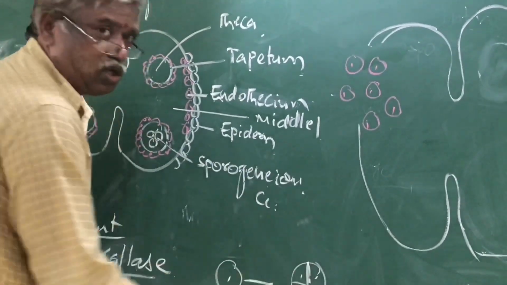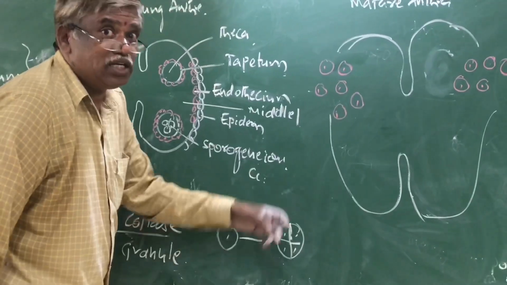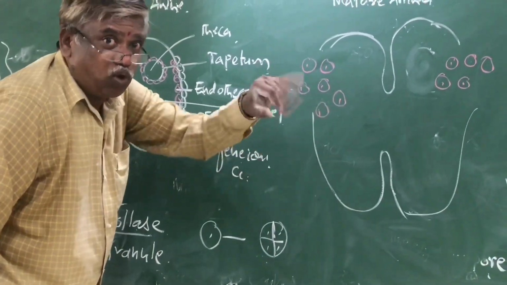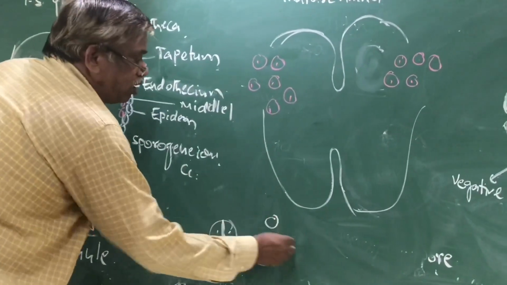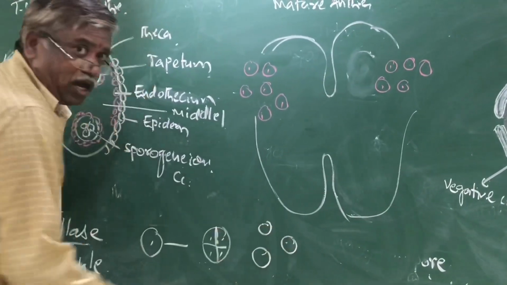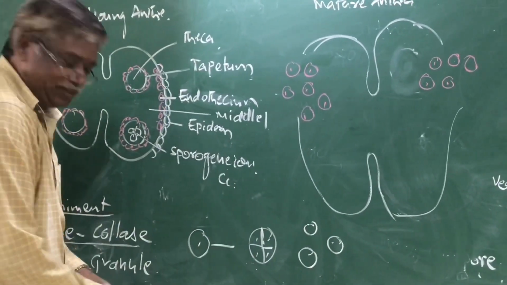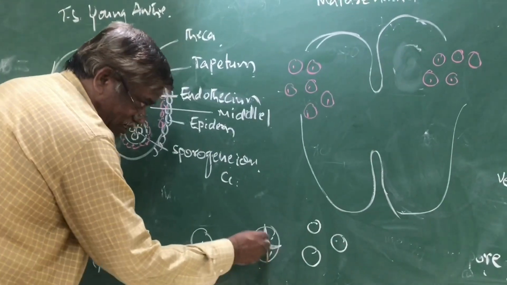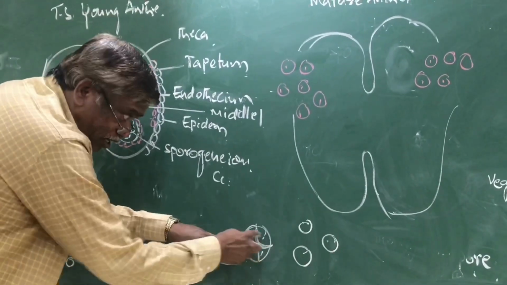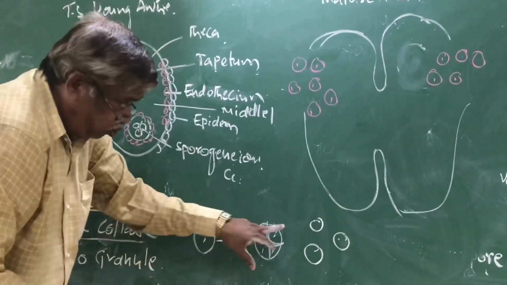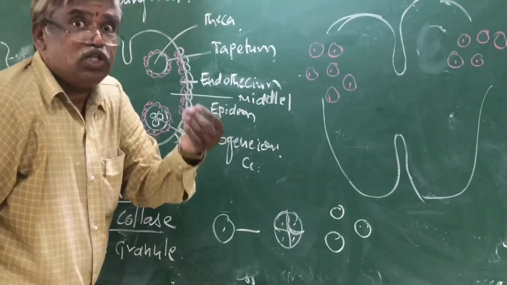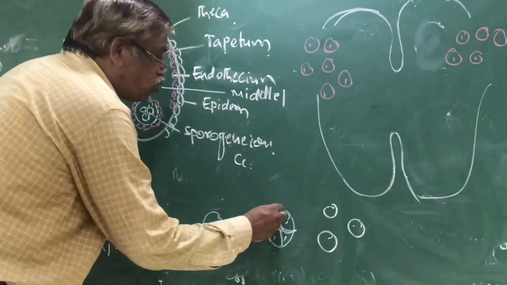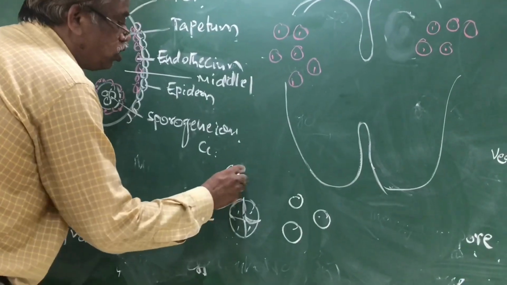Now in this tetrad, how many microspores will be released? Four. But these four are not free. Now, in between the four cells of the tetrad, some protein is there, that is callose.